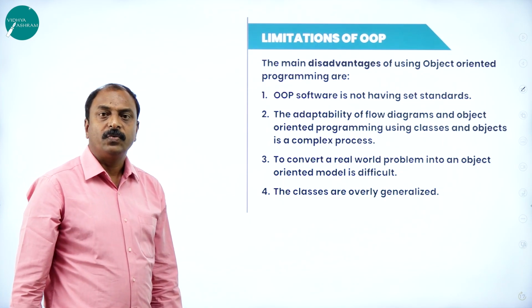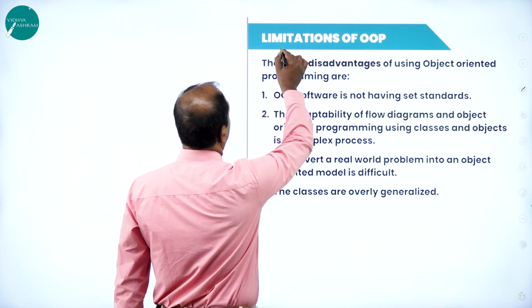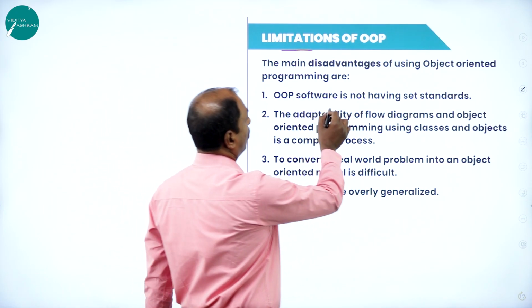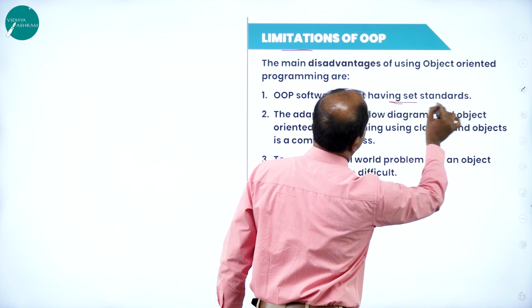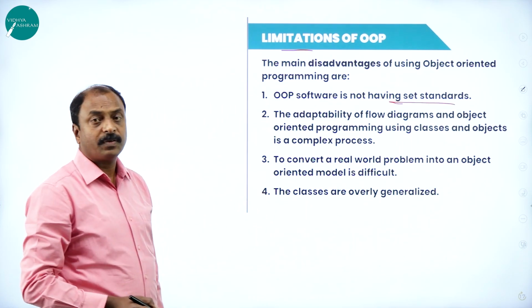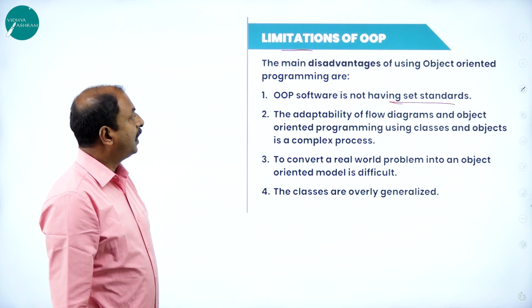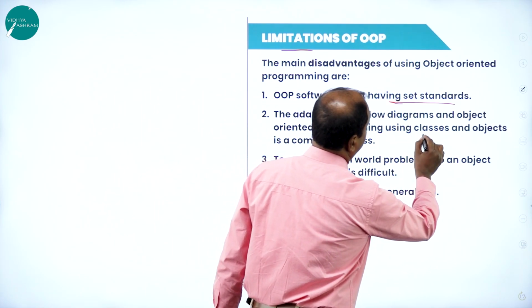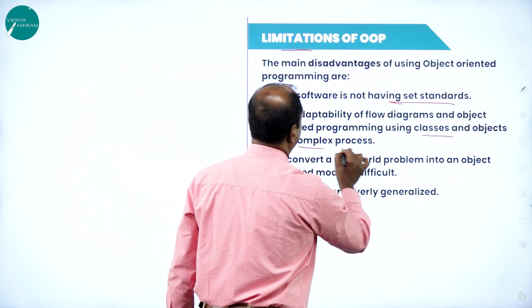Now let us see the limitations of OOPS concepts. First, OOPS software does not have a set of standards, which is one of the drawbacks. Next, adaptability of flow diagrams and object programming using class and object is a complex process.